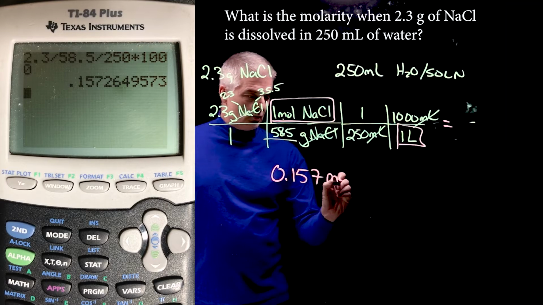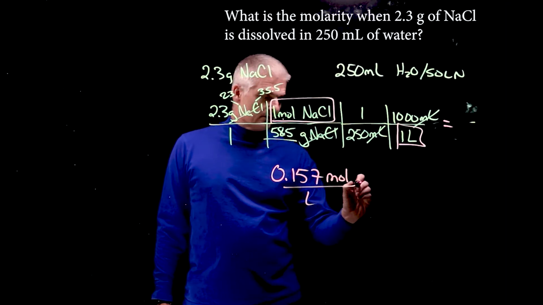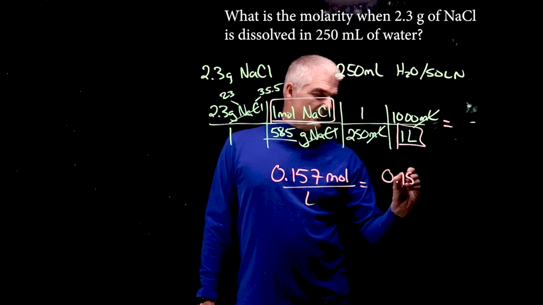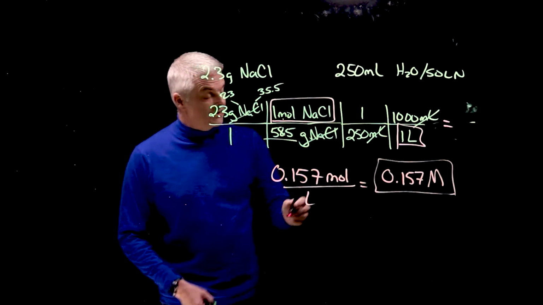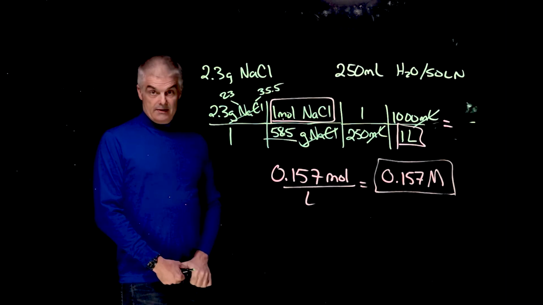That's moles per liter, but we actually write that as 0.157 capital M for molarity. But remember, molarity means moles per liter.